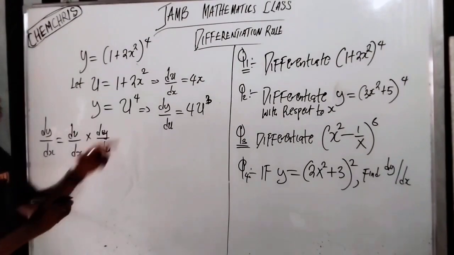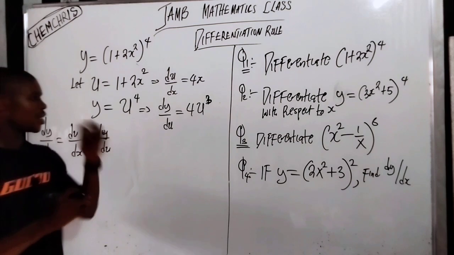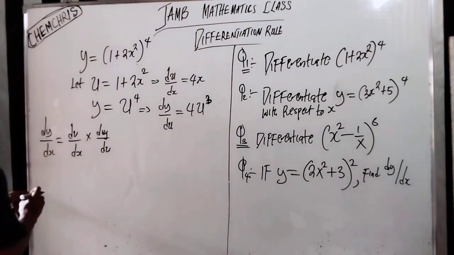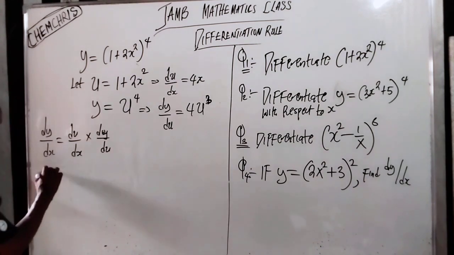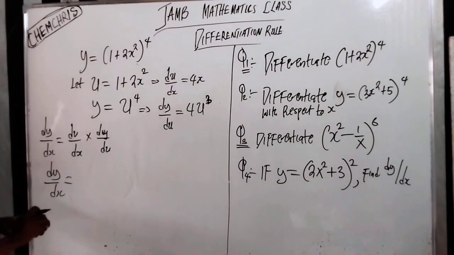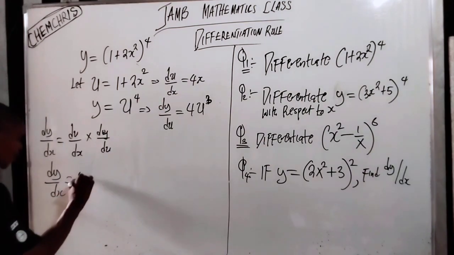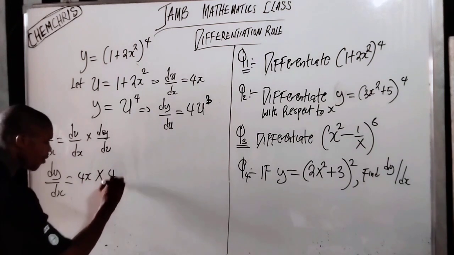So I've got my du over dx, and I've got my dy over du. To calculate dy over dx, I just have to multiply them. So dy over dx equals du over dx, which is 4x, times dy over du, which is 4u cubed.